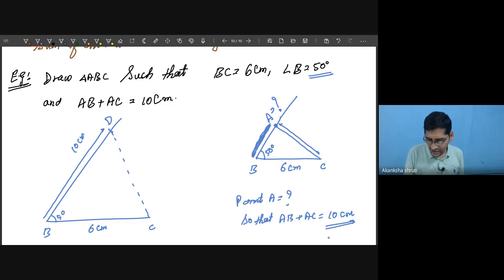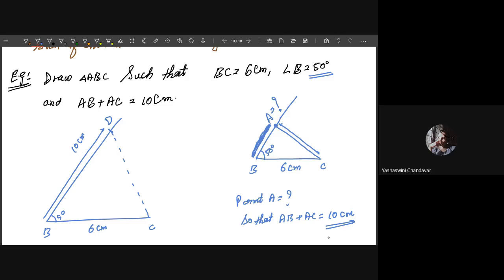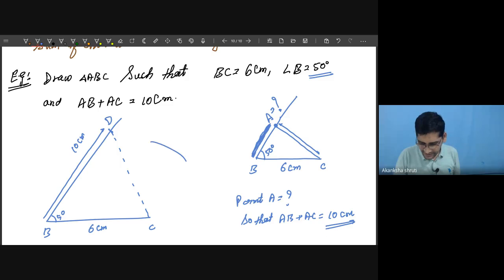The bisector will be something like this, or draw it by a dotted line so that you can understand.